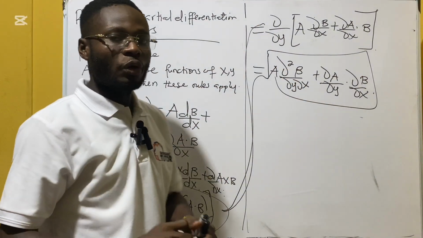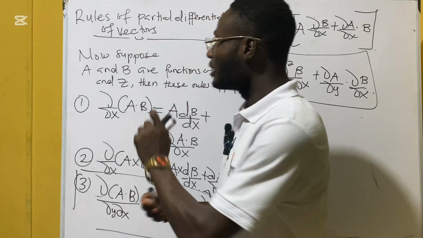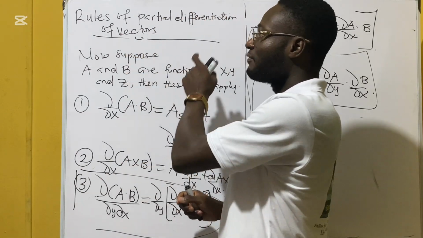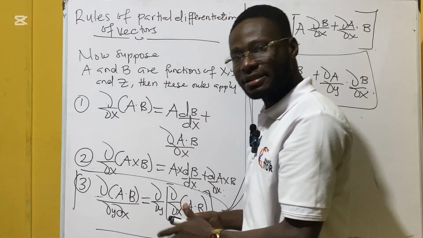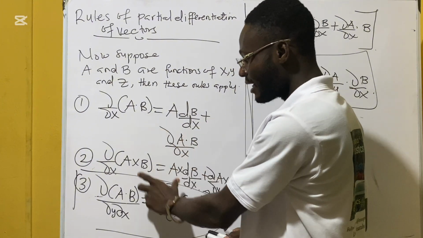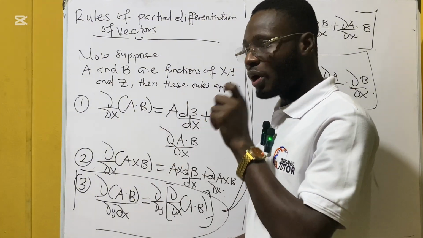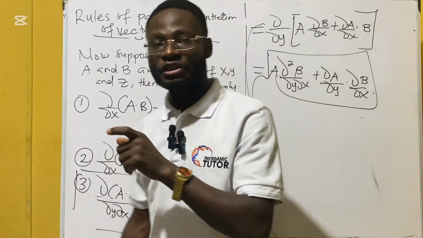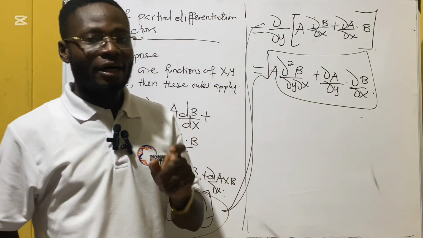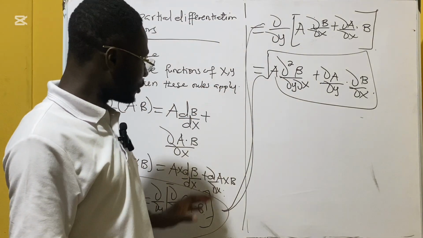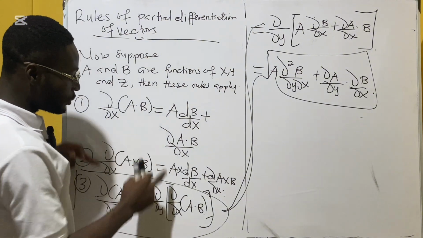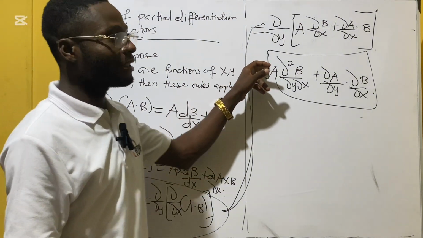Okay, so these are the rules that govern partial differentiation of vectors. Please note them very well, and that is going to facilitate your understanding of partial differentiation of vector functions. This is the first one, the second one, and the third one.